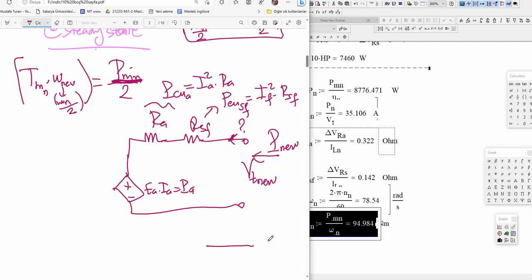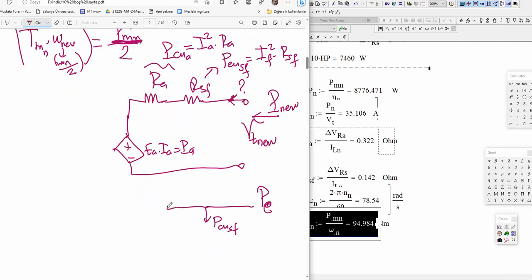You have applied input power, electric power here, and then you have consumed some copper loss in the serial field winding. Then you have lost some copper loss in the armature coil. Then you have converted power into mechanical power.